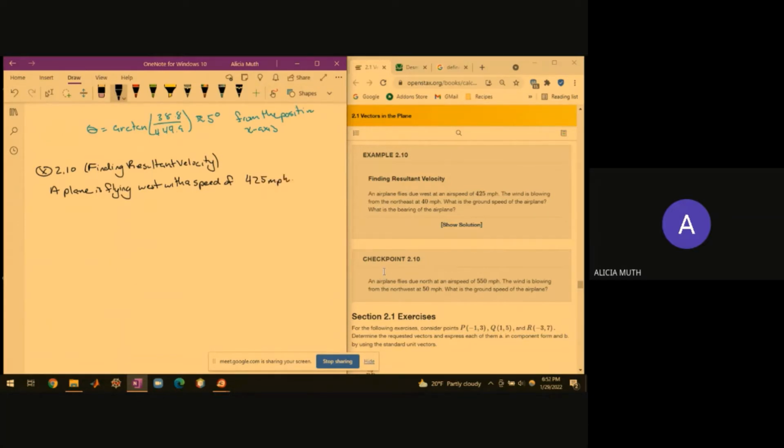The wind is blowing from the northeast at 40 miles per hour. So what is the speed of the plane? And what is the bearing of the plane?